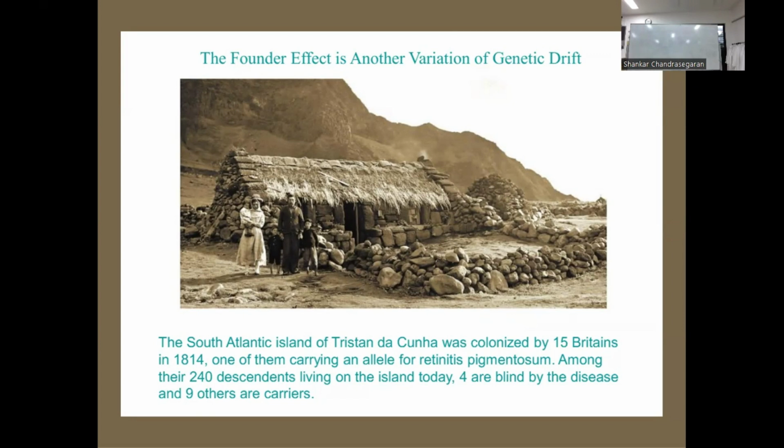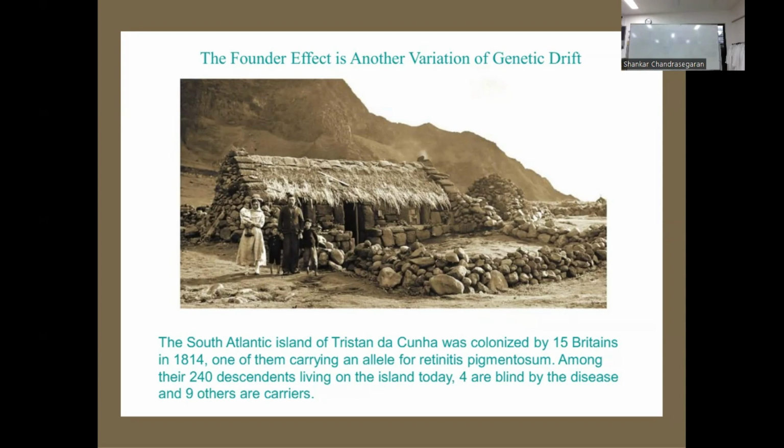So what happens is, just because one of the individuals is carrying that allele, due to the founder effect, that allele is going to be continuously passed down and it's going to become more and more prominent within the population. So among the 240 descendants living on the island today, 4 are blind from the disease and 9 others have become carriers. So that's how a founder effect can actually pass down a disadvantageous allele to a population.